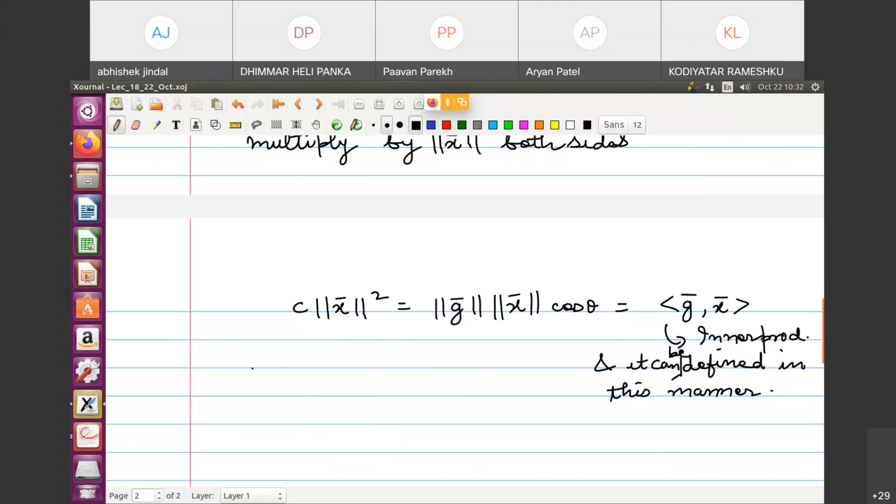So we know that now C is equal to the inner product of the two vectors divided by the norm of X squared, because this is nothing but the norm squared.